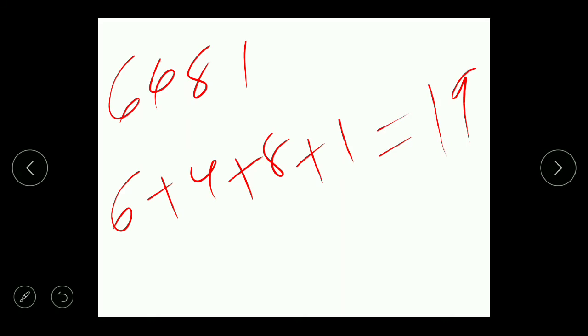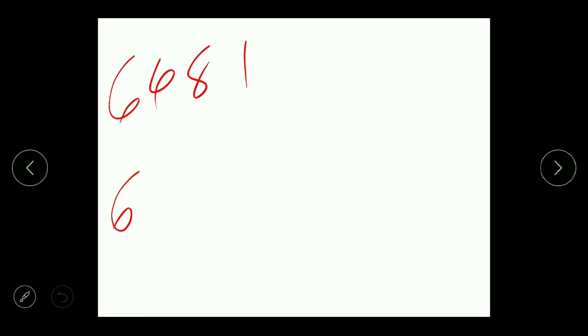So 19 cannot be divided by 9, therefore this number is also not divisible by 9.